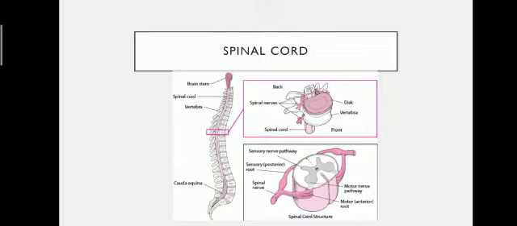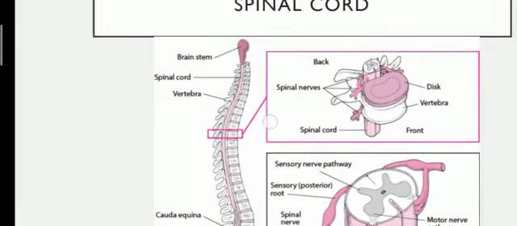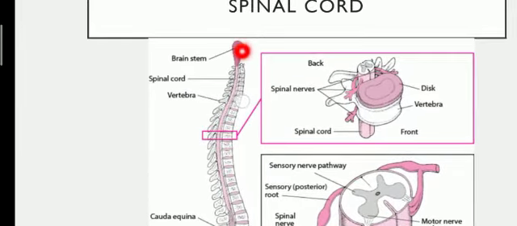As we have now studied the brain, which is the first part of the central nervous system, next we'll be talking about the spinal cord, which is the second part of the central nervous system. As we studied, the brain stem or medulla oblongata continues to form the spinal cord, and the spinal cord moves down almost the whole length of the backbone.